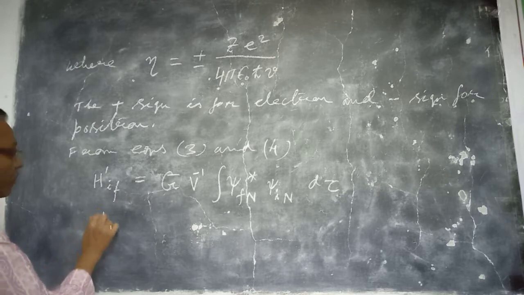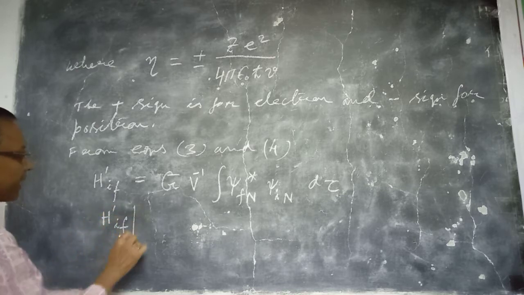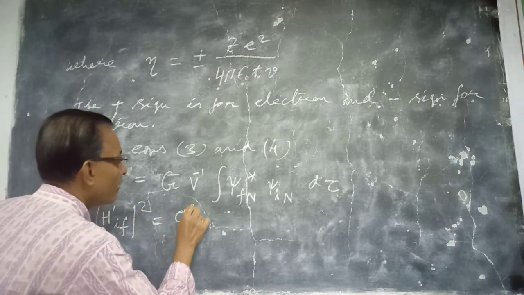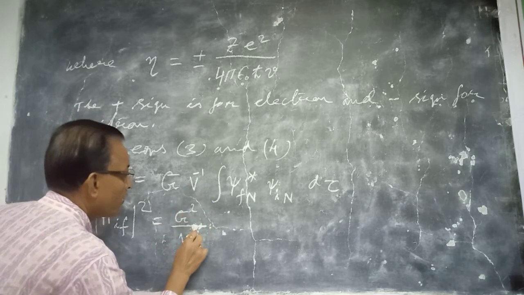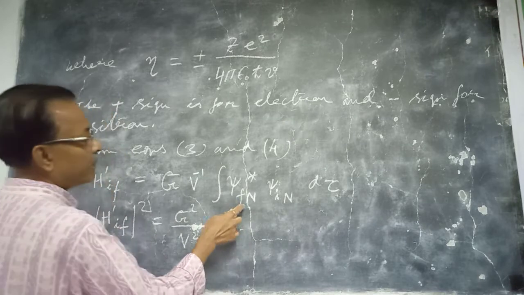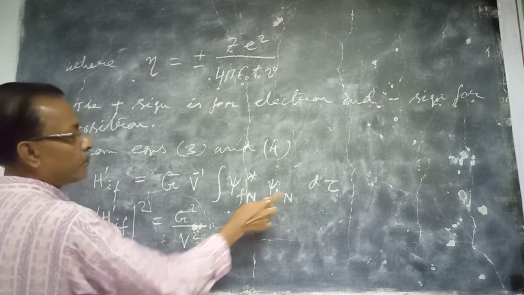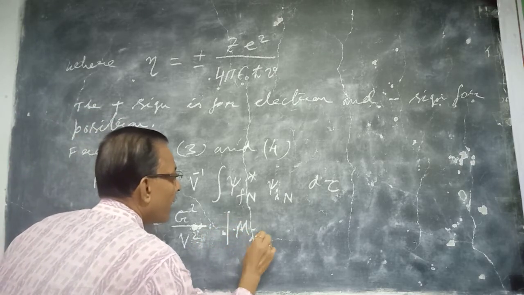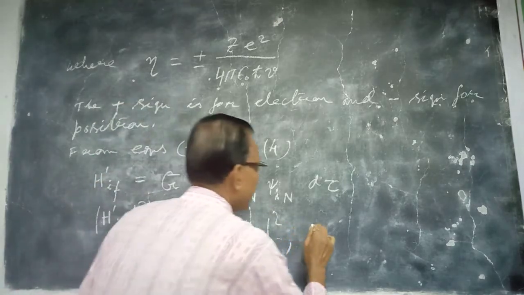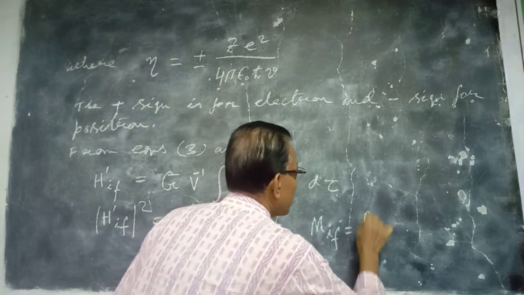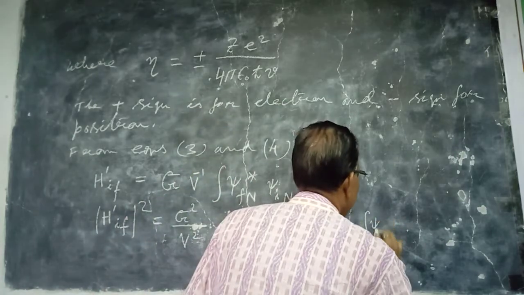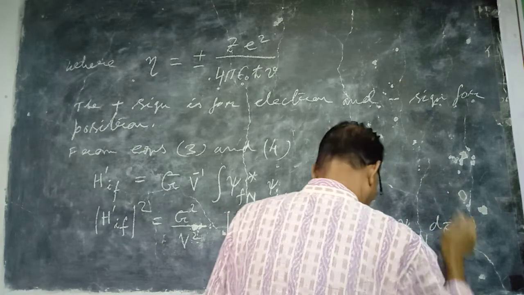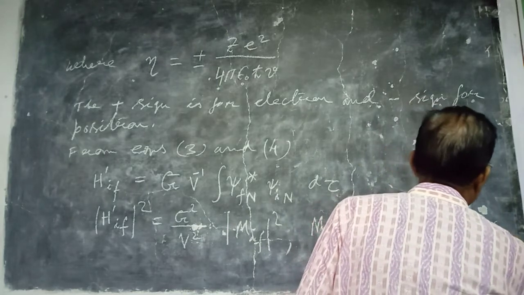So H prime_if mod square is g squared over V squared times the matrix element over the daughter and parent nuclei, which we write as M_if mod square, where M_if is the integral of psi_F star psi_I d tau. This is equation number 6.